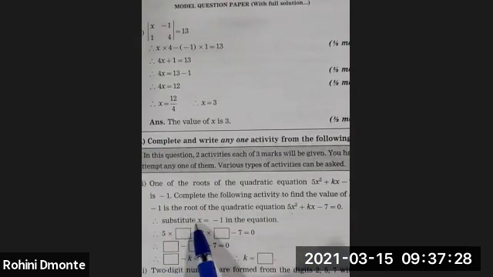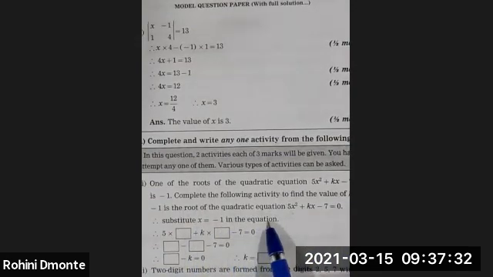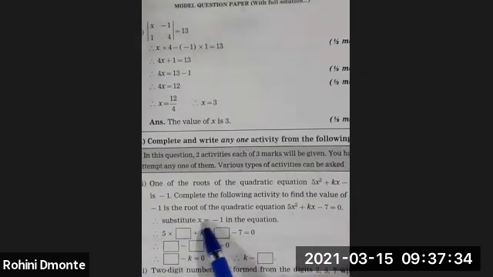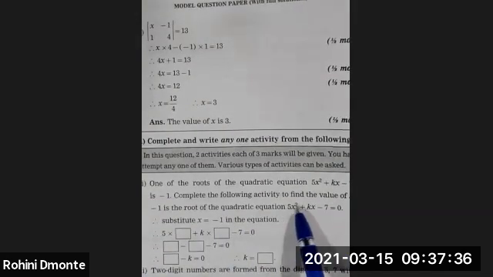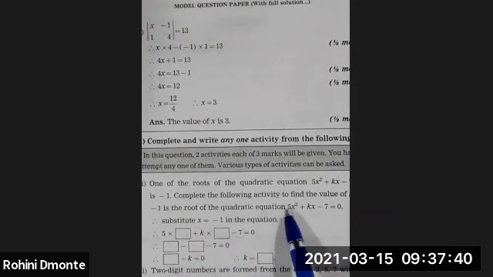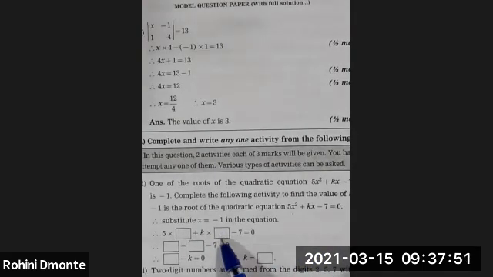Therefore, substitute x is equal to minus 1 in this equation. When you substitute x is equal to minus 1 in this given quadratic equation, you can write the next thing. So, 5 into the value of x, which we take as minus 1, squared, plus k into minus 1, minus 7 is equal to 0.